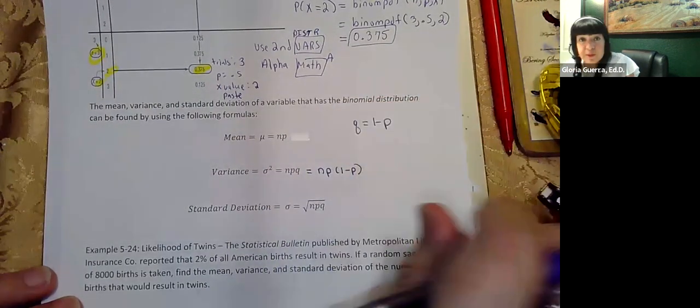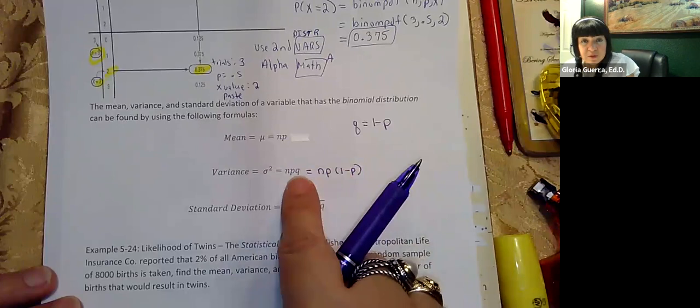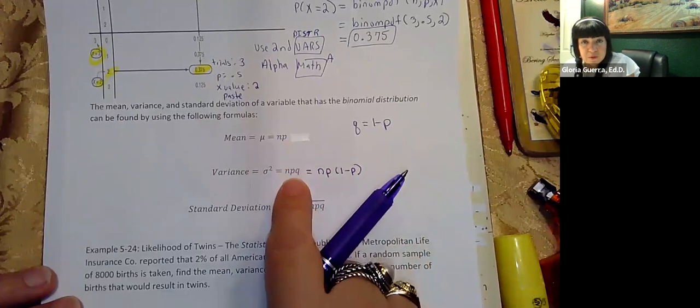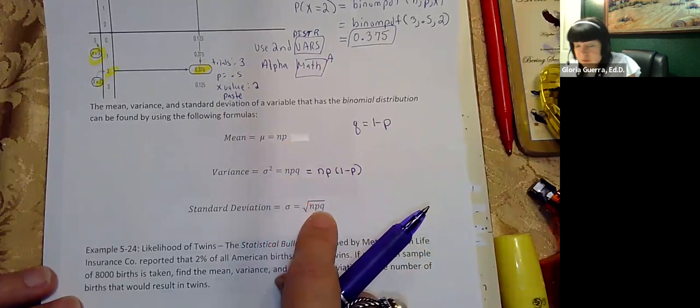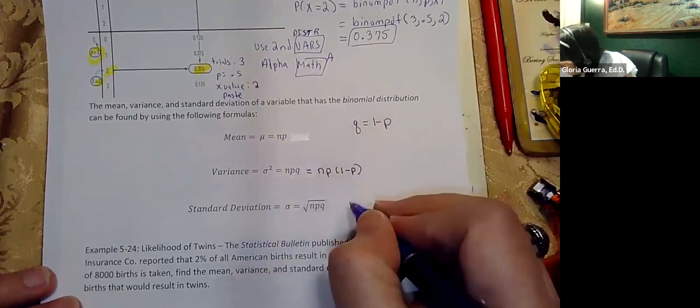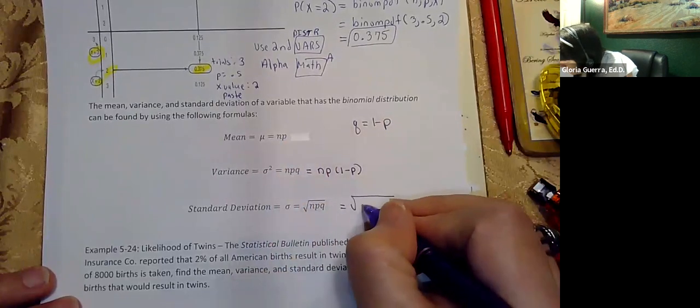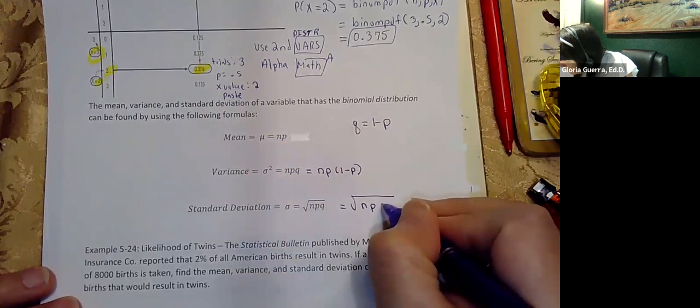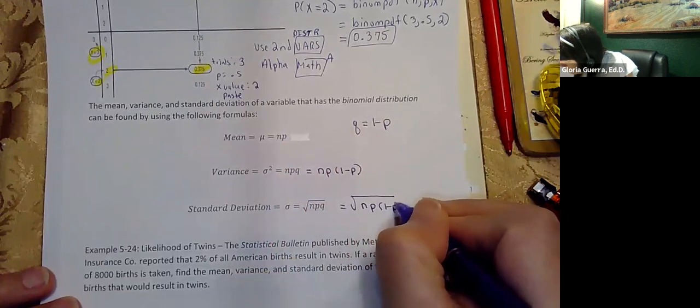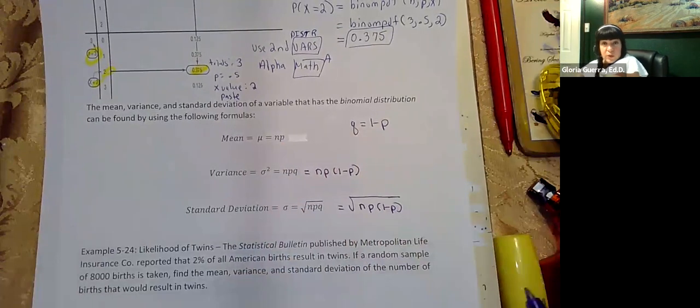This is fine. This is P. It's Q. So this one has a Q. This one doesn't have a Q. This one has a Q. This one has a Q also. So this is square root of N times P, and Q is 1 minus P. Okay? So you should add on to the formula because a lot of times people miss that. They don't remember what the value of Q is.